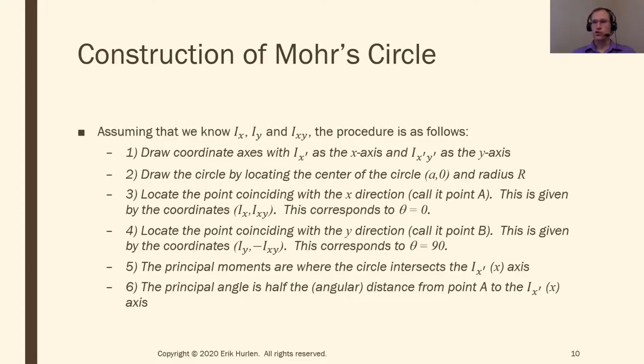One thing about Mohr's circle is that every angle on Mohr's circle corresponds to twice the angle in real life. So when we draw point A and point B, they're on complete opposite sides of the circle, 180 degrees apart, which corresponds to 90 degrees in real life.